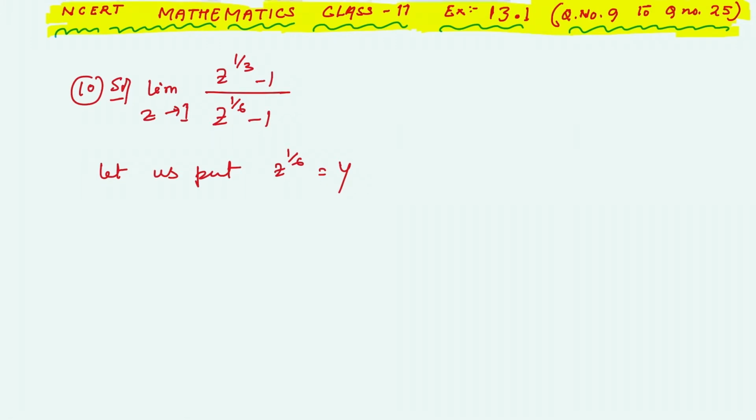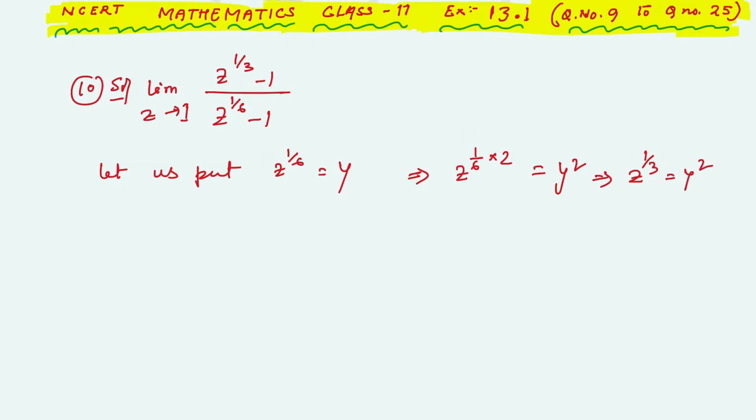Then if you square both sides, what will you get? Z to the power 1 by 6 into 2, that is y square, which implies z to the power 1 by 3 is equal to y square.